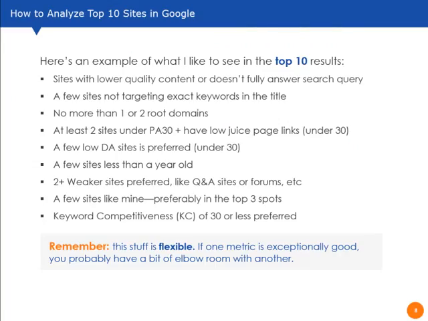So here's basically how this bonus lesson is going to work. I'm going to go back to this slide that you've seen in a previous lesson, how to analyze the top 10 sites in Google, and we're going to use this as a checklist as we go through some of these potentially good or bad examples of keywords. You know there is a lot of criteria for picking a keyword that we covered.